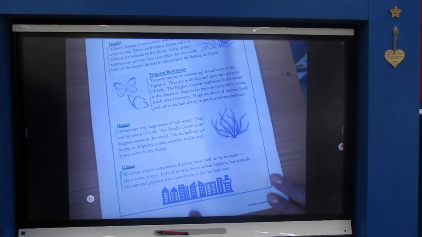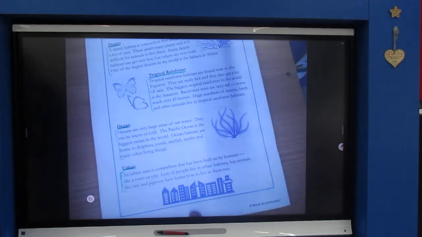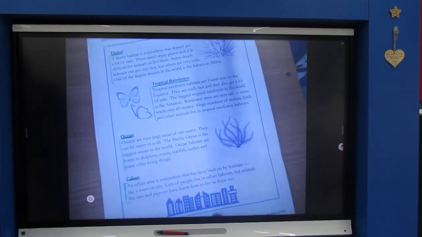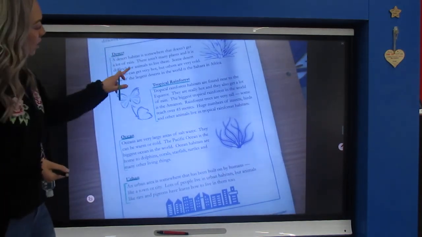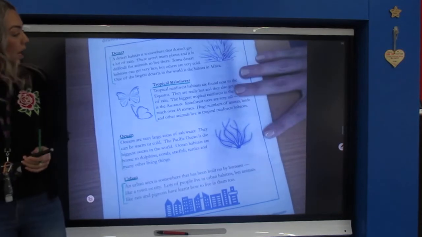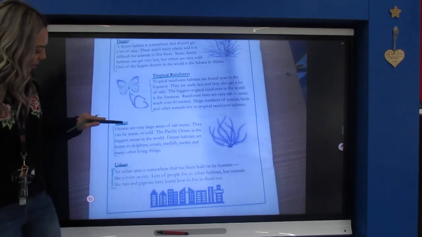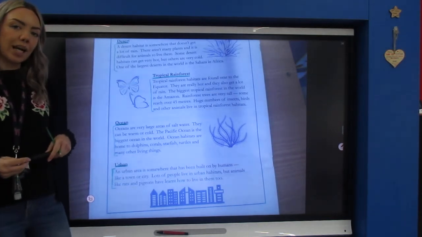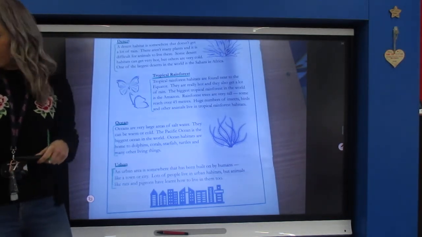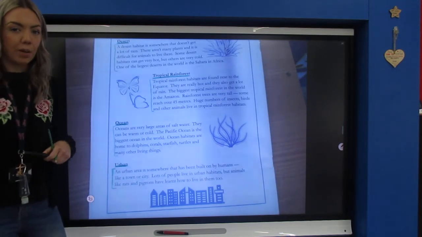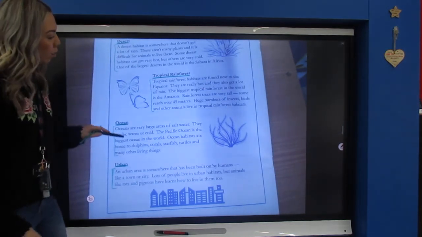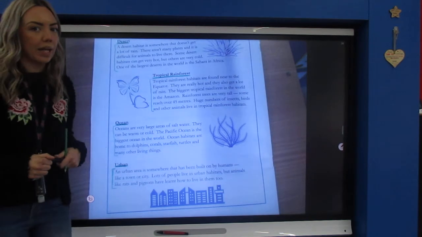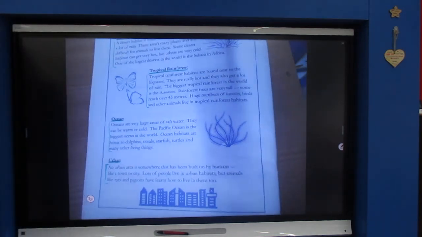So an urban habitat is when it has been built for humans to live in. So now we've had a look at our subheadings, and we've identified the different types of habitats we're going to be looking at today. We are going to have a look at the questions now to see what type of questions we are going to be answering and what type of information we need to look for.